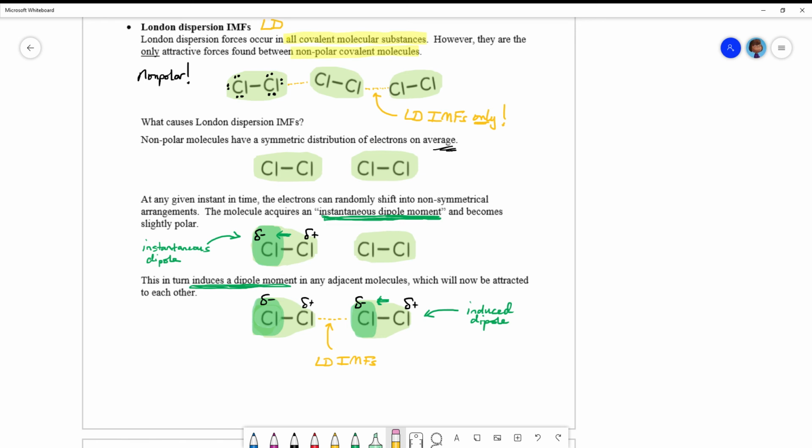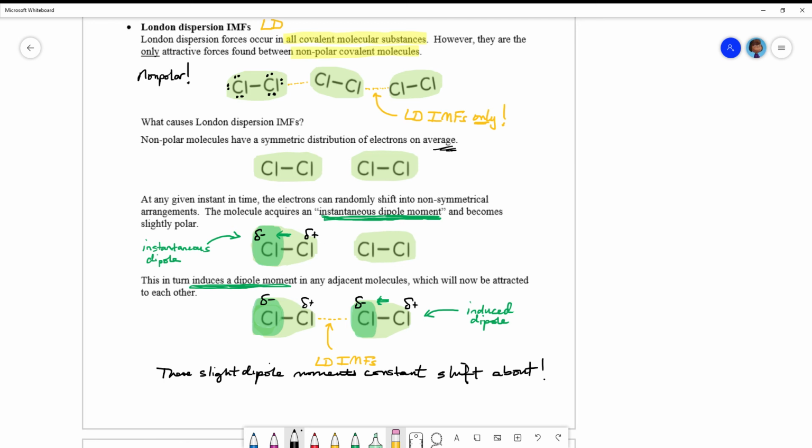And in fact, they're constantly shifting about. So I'm going to write that down here: these slight dipole moments constantly shift about.